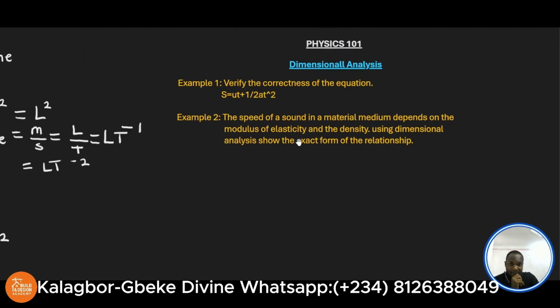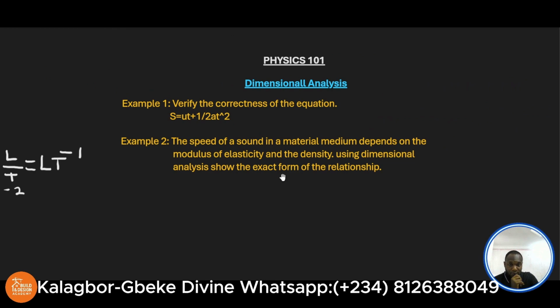For dimensional analysis, we'll solve two different examples. The first one, they say we should verify the correctness of the equation. And the second question, they say the speed of sound in a material medium depends on the modulus of elasticity, that is E. The speed V is proportional to, that is, it depends on, the modulus of elasticity E and density rho.